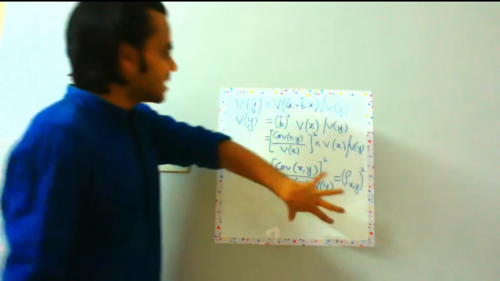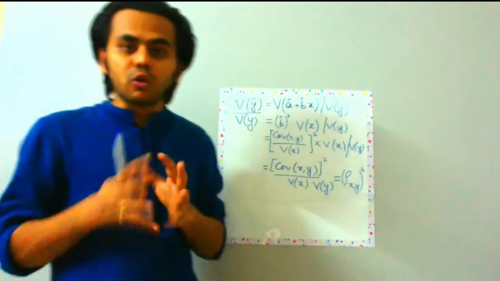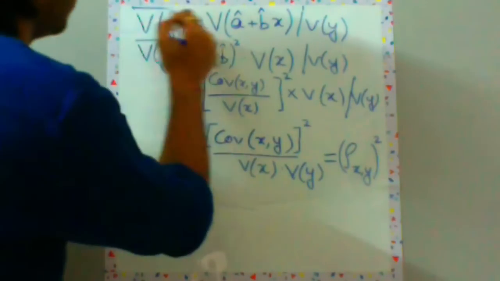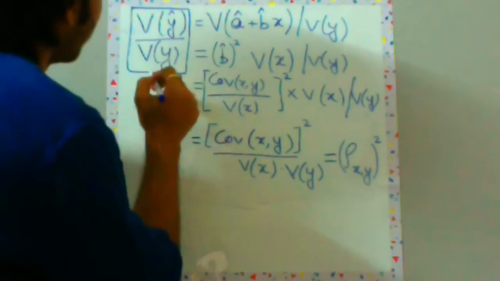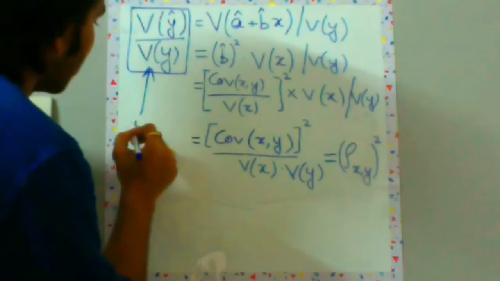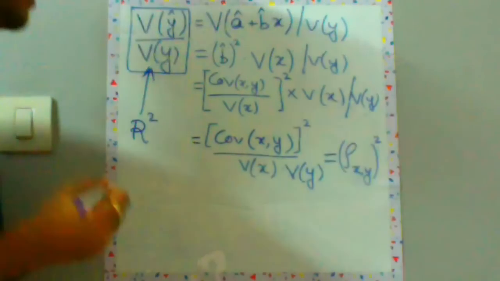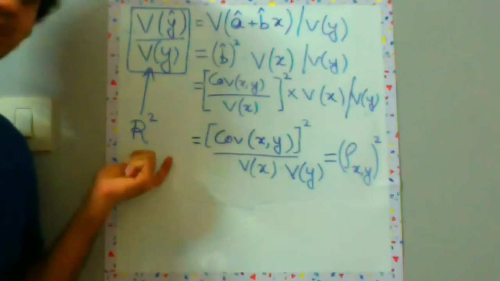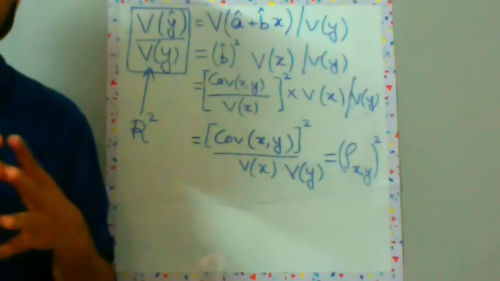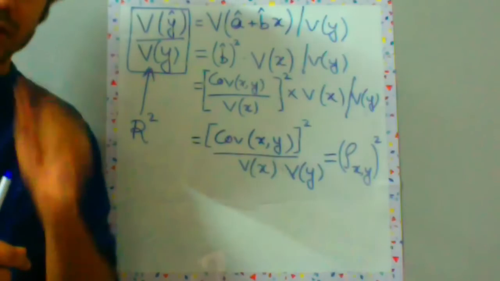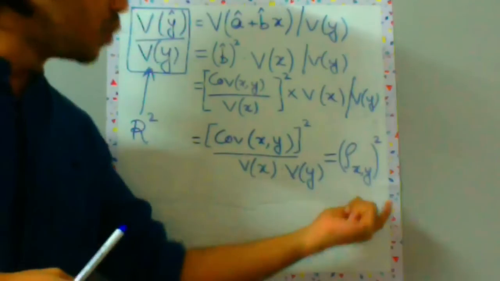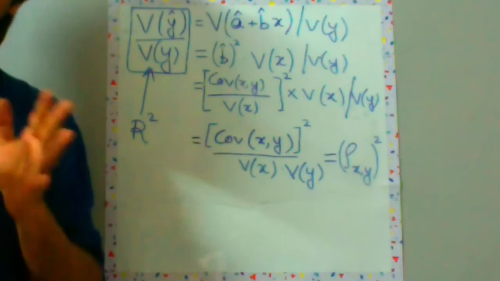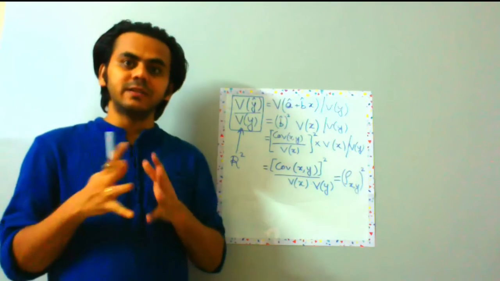And this has another name when we are talking about regression or econometrics. This has a name of R square or coefficient of determination. So coefficient of determination R square in the very simple case of one predictor model is equal to the square of the correlation coefficient between X and Y, the dependent and independent variables.